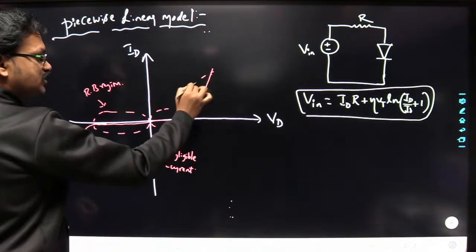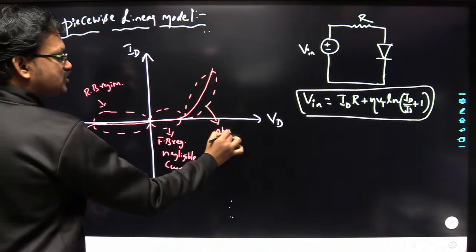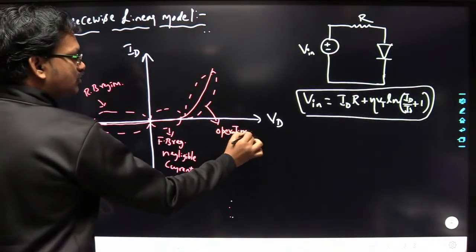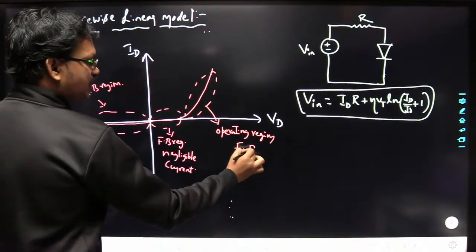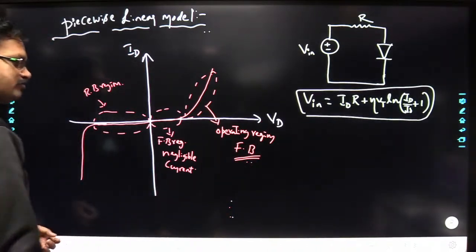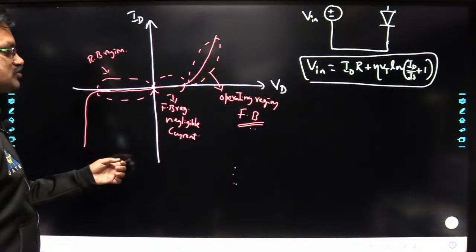This is the operating region, that is, the diode operating in the forward bias region. This is what we have done here.